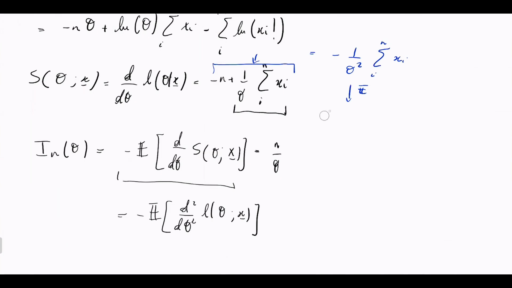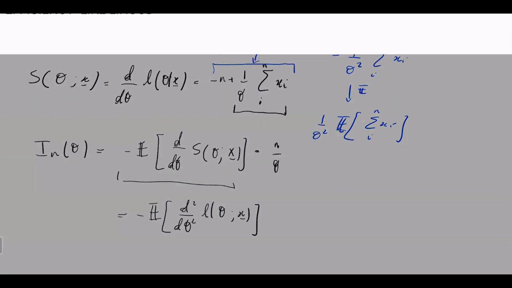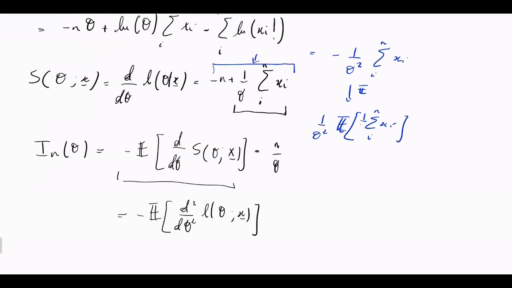Obviously, with the minus in front, so let's already get rid of that minus. Expectation is linear. Expectation of this thing. However, remember, if you put a 1 over n, you have your sample, this would be the sample mean.